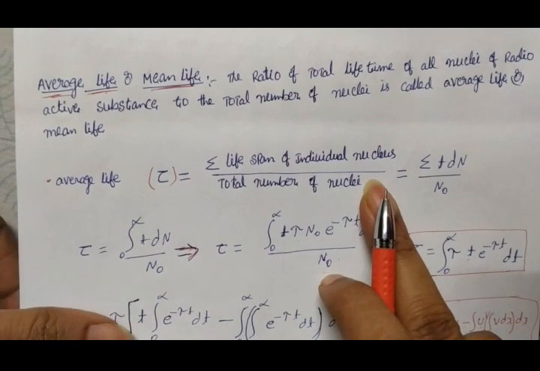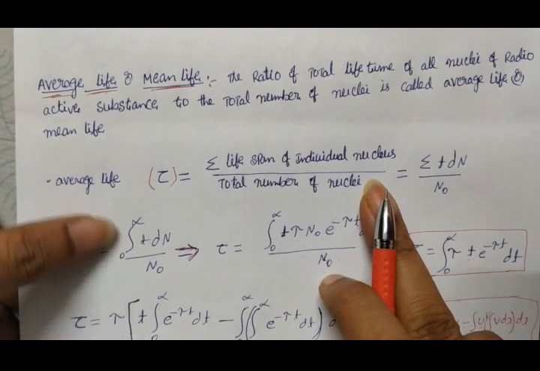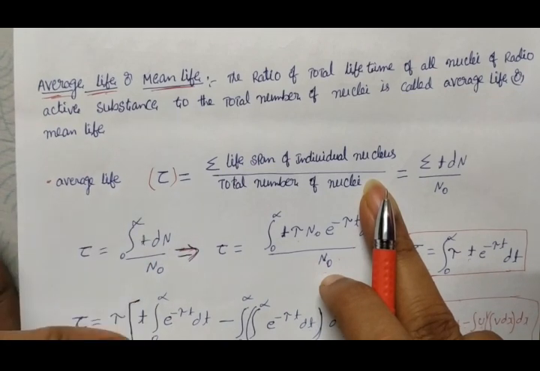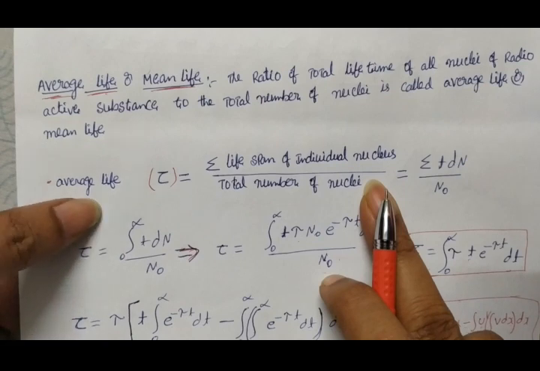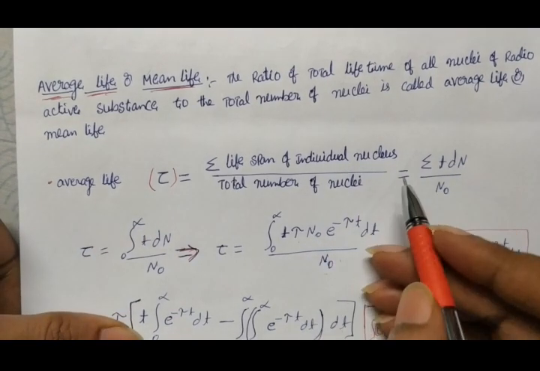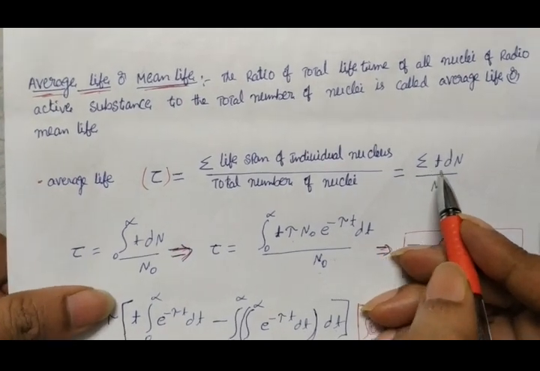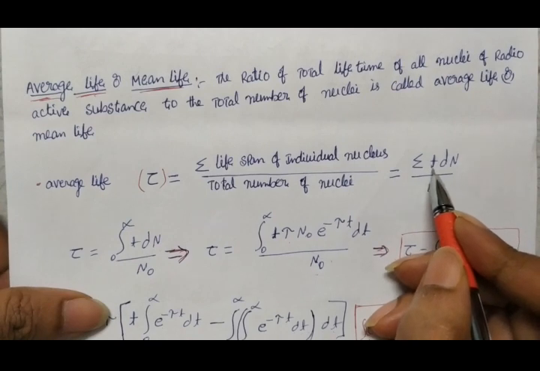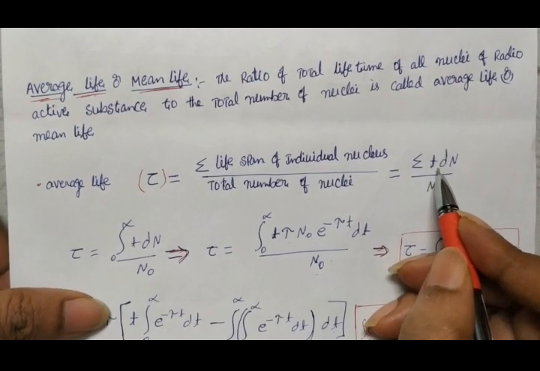disintegrate. So averagely, what is the time of each and every nucleus? That is what we are going to derive here. But it is not compulsory that all the particles must have this life, that is the average life only. So for that, suppose you take a certain number of nuclei, dn nuclei, having lifetime t.